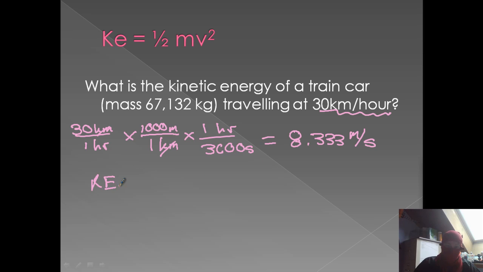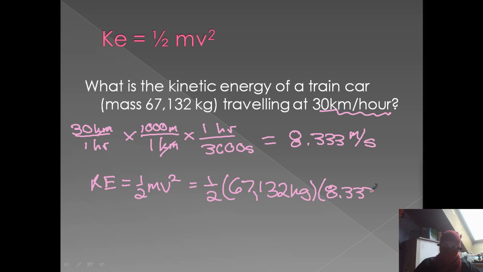Now it's a simple problem. Kinetic energy equals 1/2 mass times velocity squared. 1/2 times your mass, which is huge, times velocity. So we get a grand total of 2,330,000 joules.